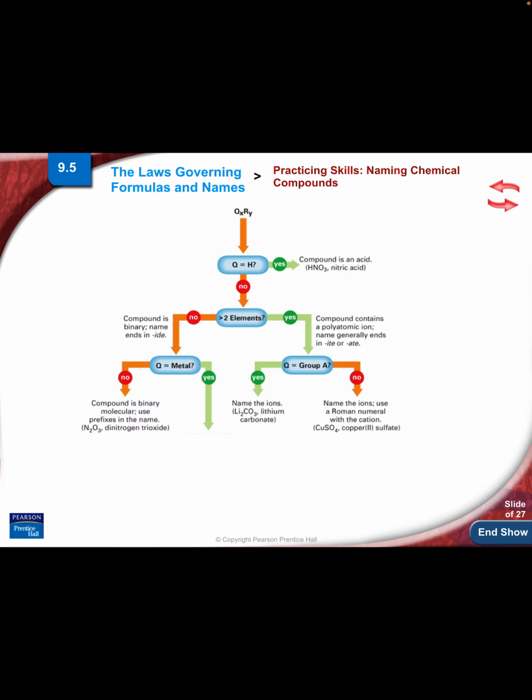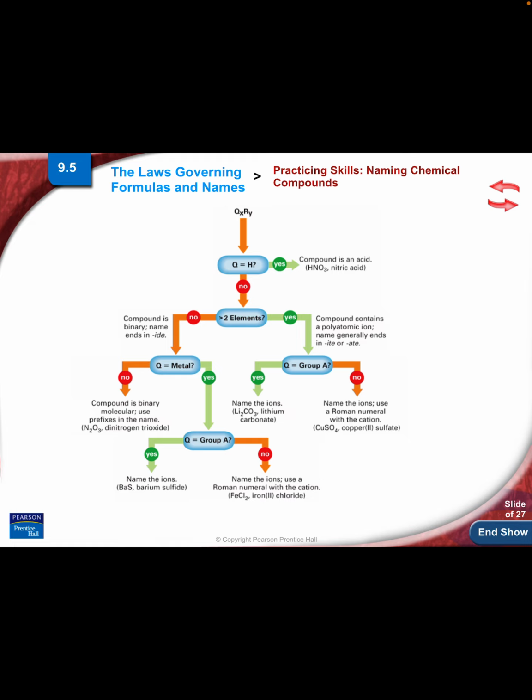And you use prefixes in the name, the Greek prefixes for the number of each type of atom present. If it is a metal, then you have a group A name like sodium chloride, barium sulfide, calcium oxide.